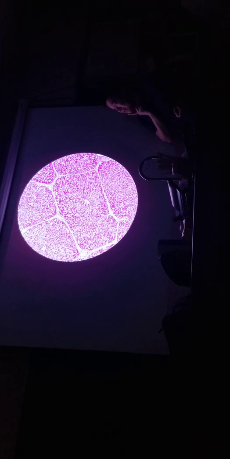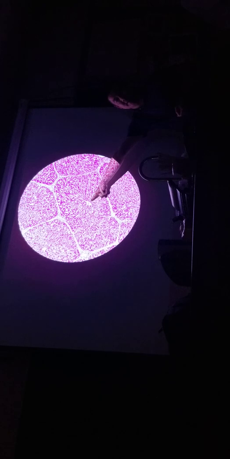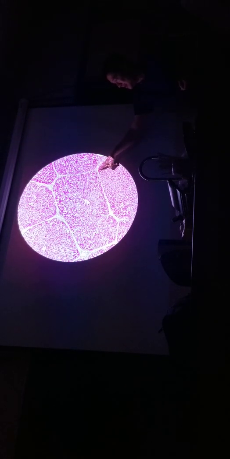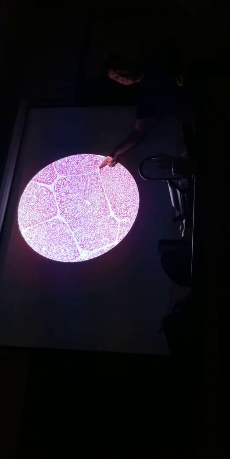Sinusoids. That's for blood cells to get recycled. Central vein. Then over here might be a little circle with a zoom in of a better looking image of it. What would you expect this to be if I point in the corner? Hepatic portal triad. Hepatic triad.